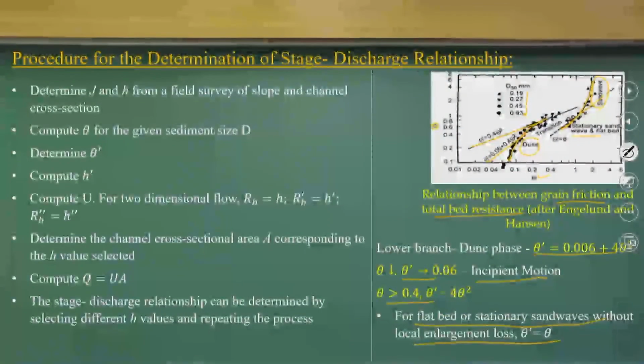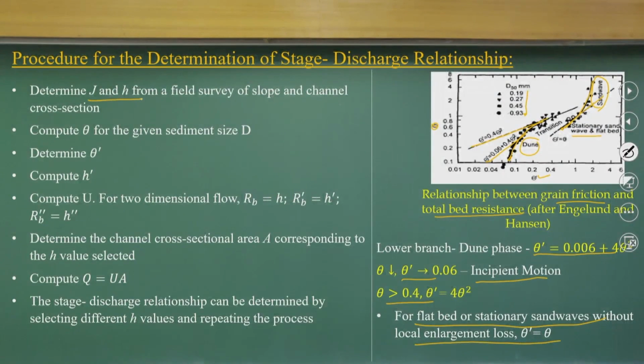First you determine Z and H from the field data, compute theta, and since you know the theta value, you can compute theta dash, the grain friction. Then you get H dash, and compute U for the 2-dimensional flow. You can get the hydraulic radius, determine the channel cross section area, and then compute the discharge.